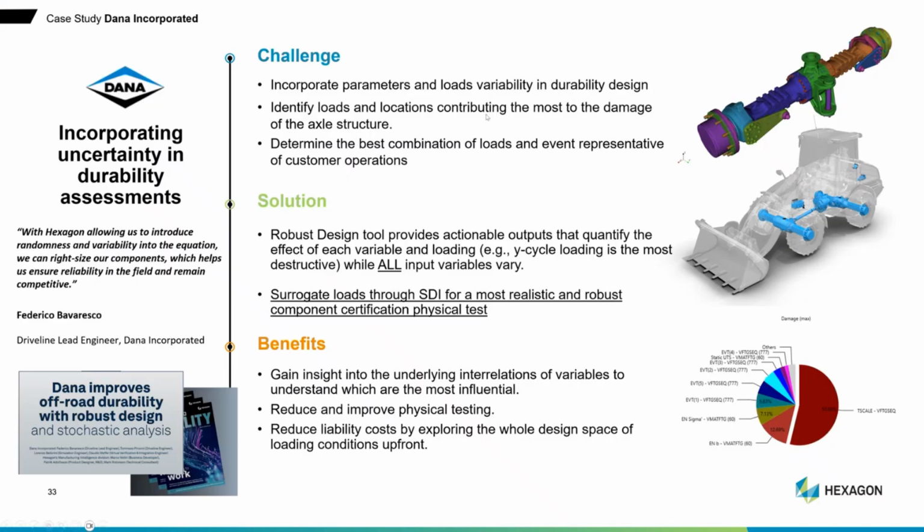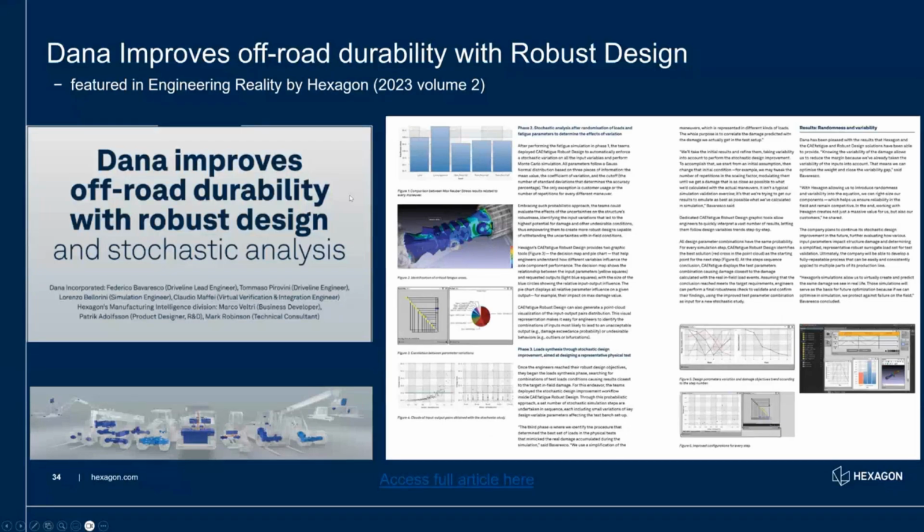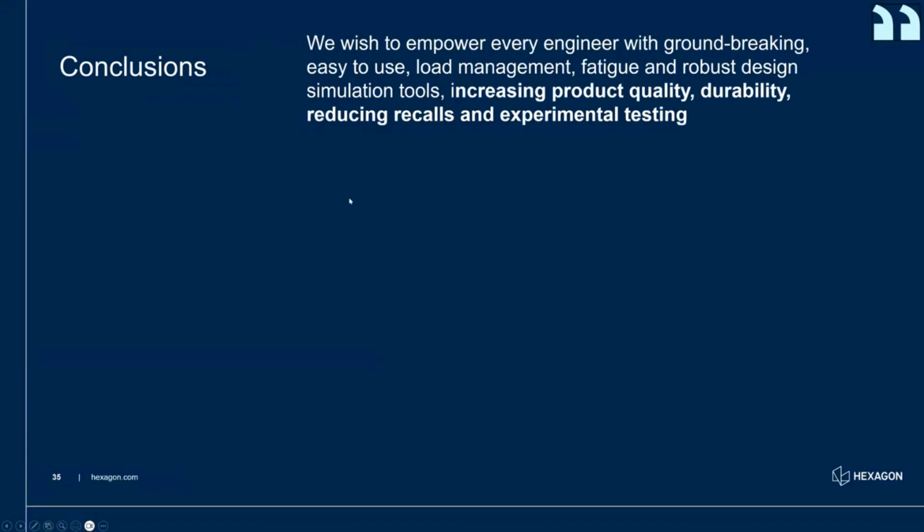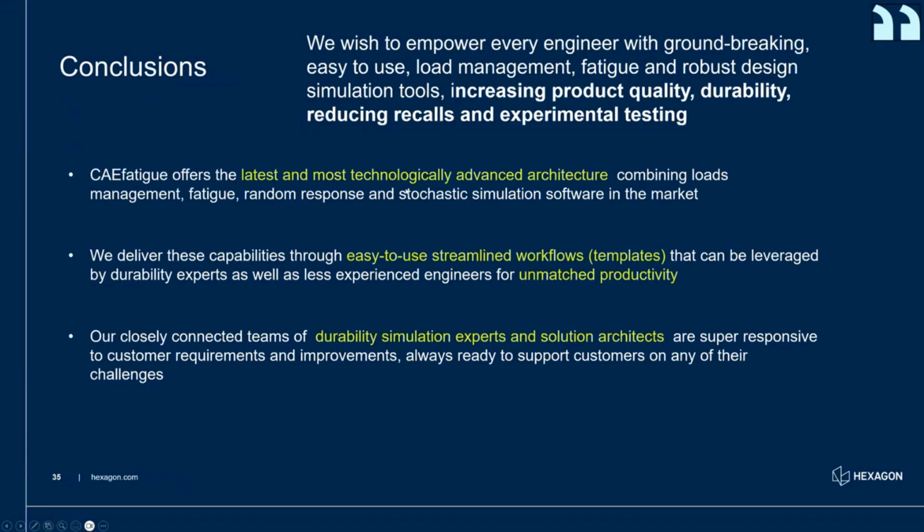Hopefully with this quick overview, I need to stop to give you time to ask questions. There are a few examples of how robust design has really helped in 3 or 4 industrial cases that we can at least show. And then I think the conclusion is that we focused on streamlining processes.